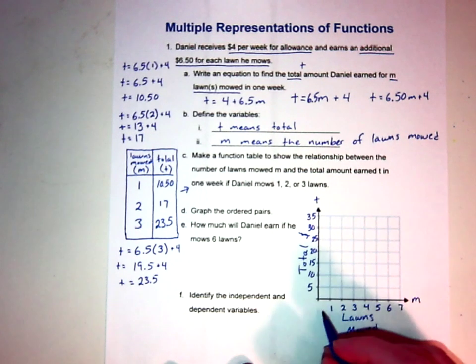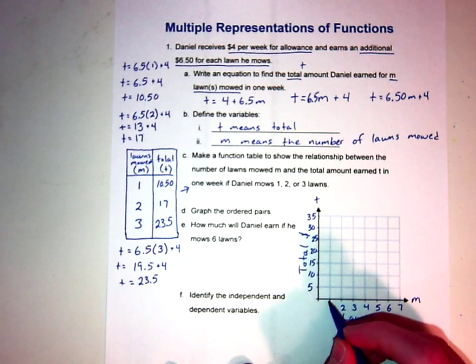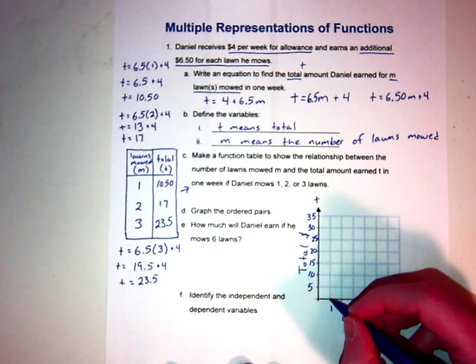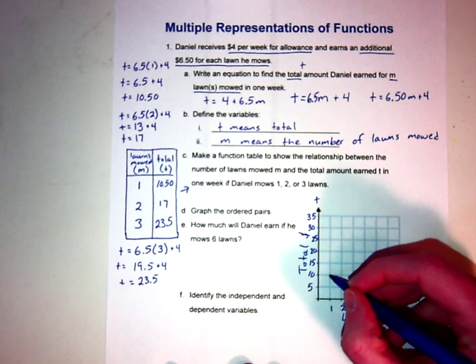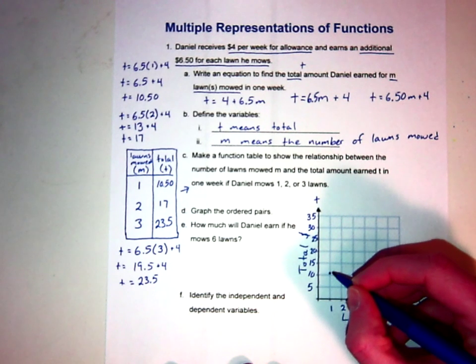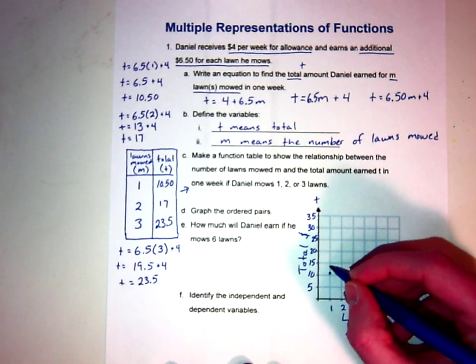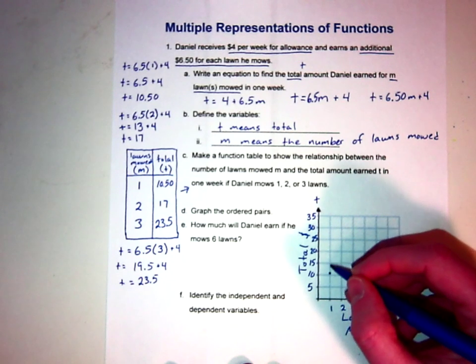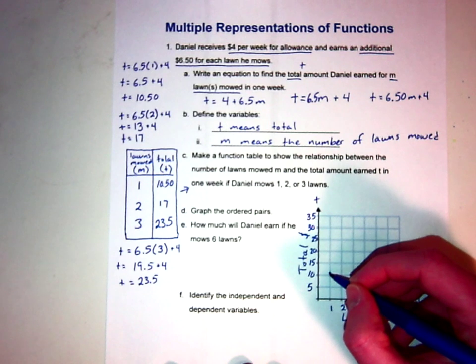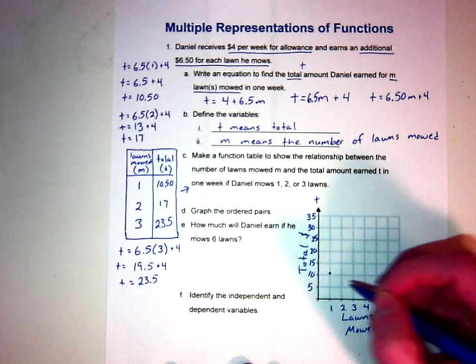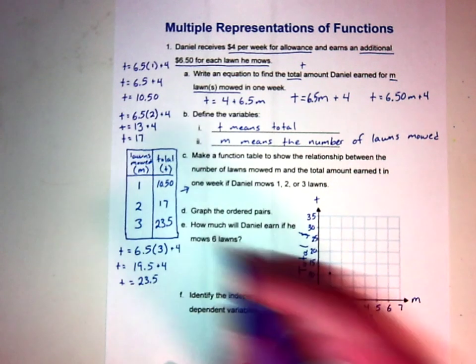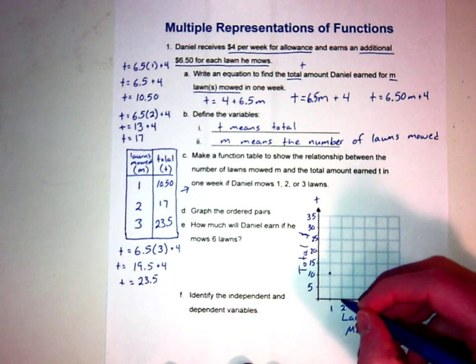When x, or in this case m, is 1, t is going to be 10.5. So I'm going to go to 10, and it's just a little bit above. Remember, each box is worth 5 when going up. For 2, it's going to be 17.